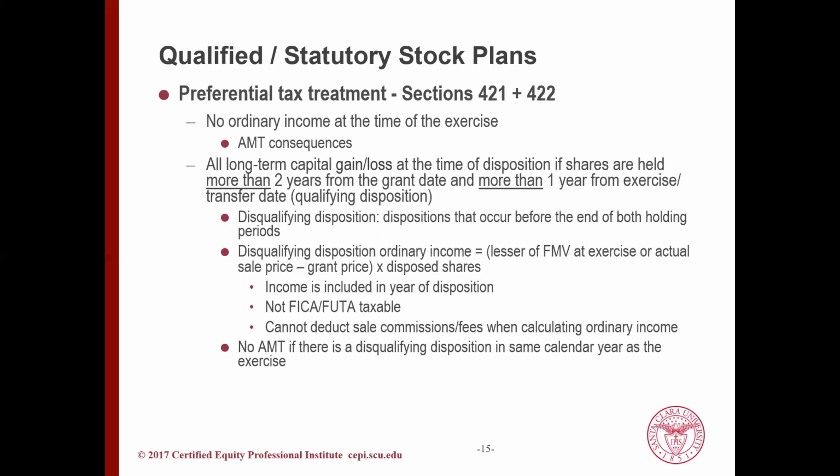Those are a separate expense. Also remember that if there is a disqualifying disposition in the same calendar year as the exercise, this cancels out the AMT. You don't have a preference item since you incur income on the spread at exercise, just like a non-qualified option.